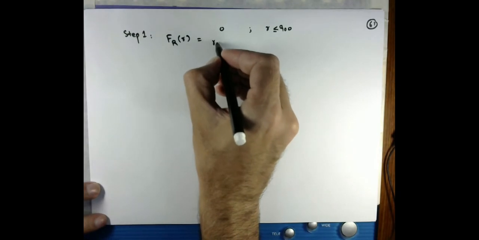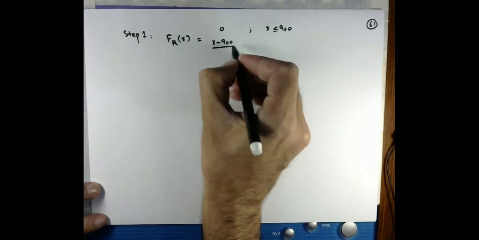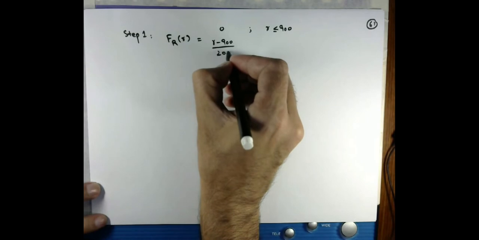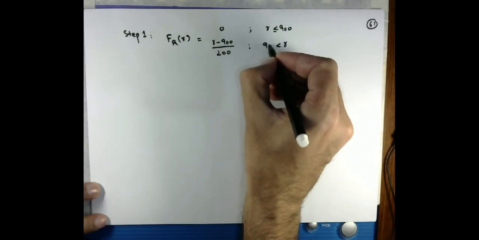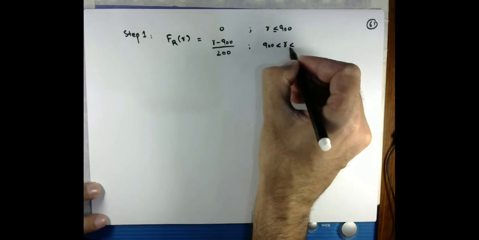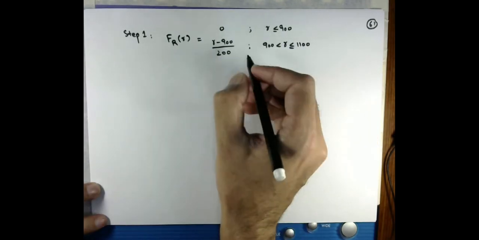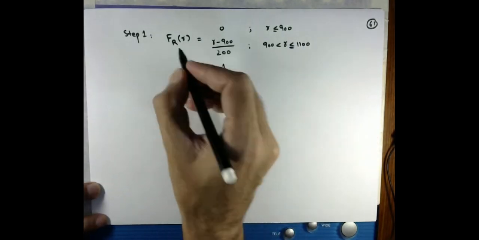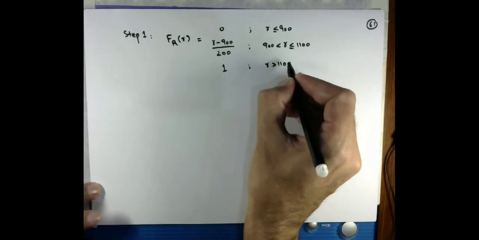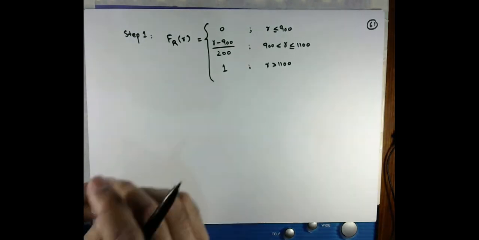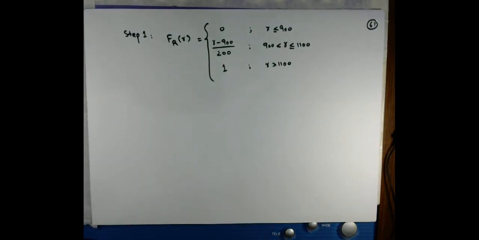It is (R minus 900) over 200 for R greater than 900 and less than or equal to 1100, and obviously it is 1 because it is a CDF for R greater than 1100. So this is the CDF of the parent random variable.